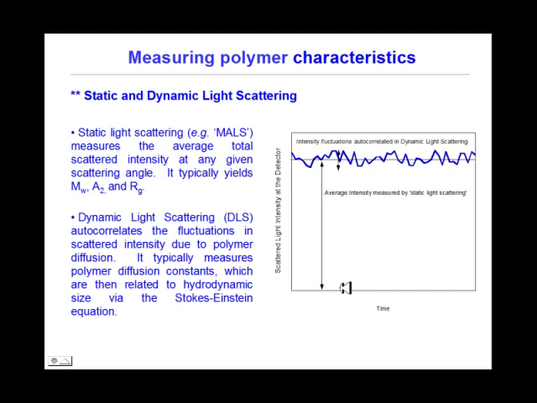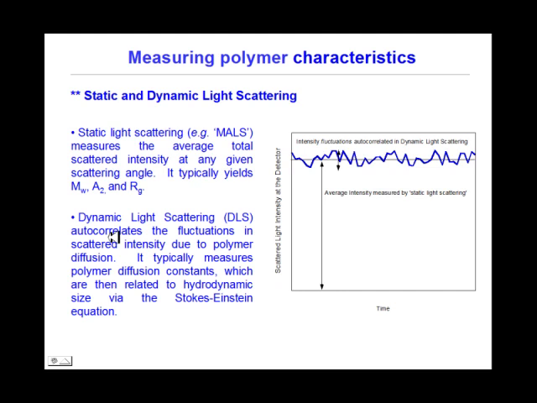As I said, and shown for better visualization in the graph on the right, static light scattering measures the average total scattered intensity at any given scattering angle, and it typically yields molecular weight, virial coefficient, and radius of gyration.